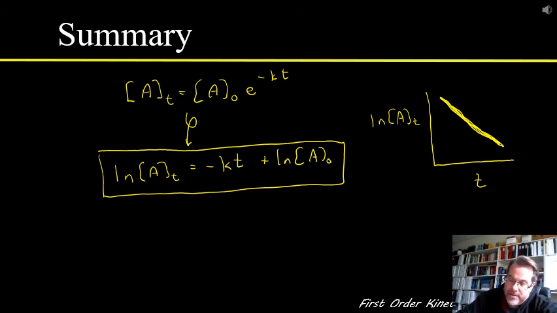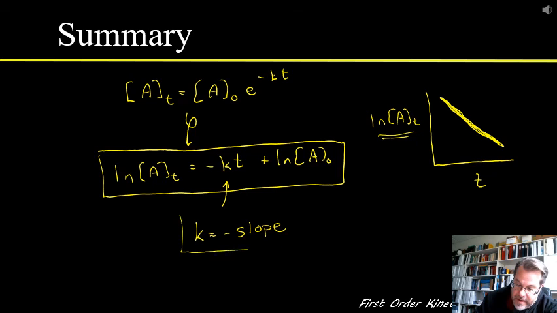But if you plot the natural log of the concentration as a function of time and you get a straight line, then that's considered proof that you have a first order reaction. Right? So this gives you a way to plot these in linear fashion to demonstrate that you've got a first order.